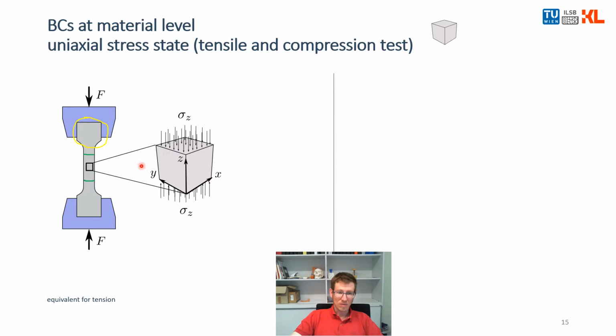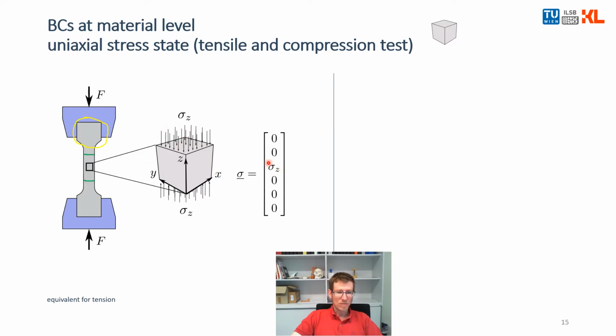And when we have a coordinate system, we can now write down the stress state in our vector form. You see all the components are 0 except the one in this direction. In this case, we apply a force in Z direction. The material coordinate system is oriented like that.